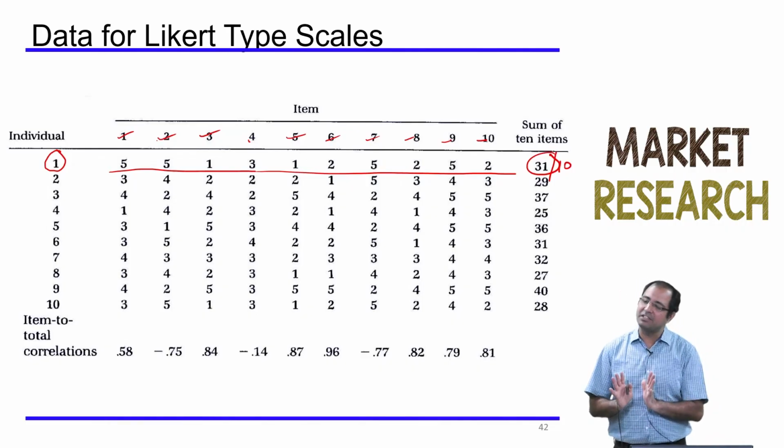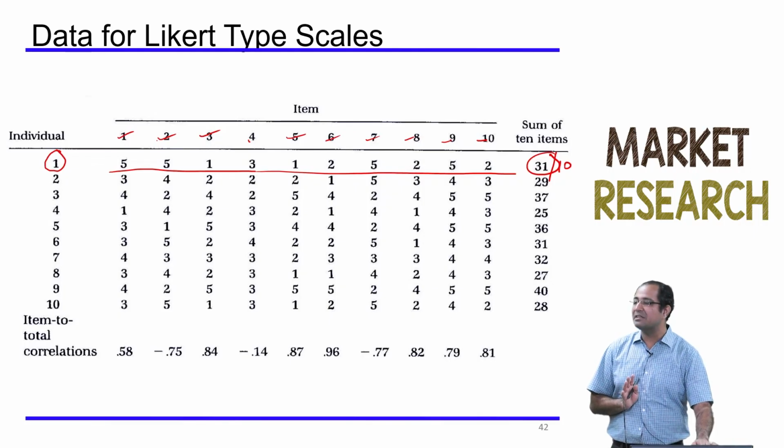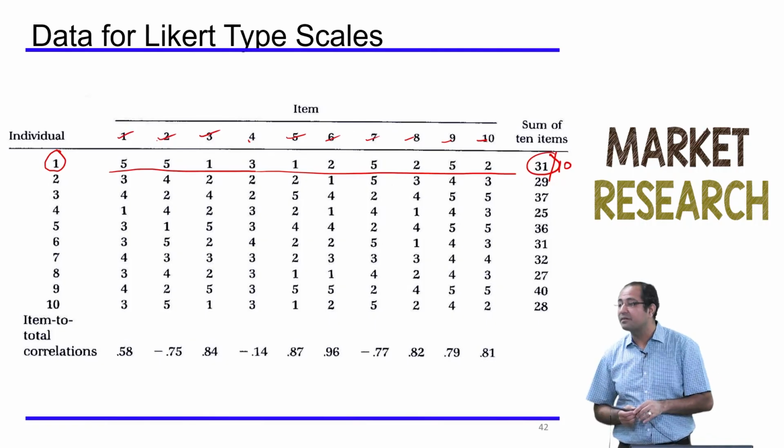You can either leave it just with the sum also, where you know the maximum score for each item is 5, 5 into 10, out of 50 it is 31. You can take it as 31 out of 50, or, out of 5, it is 3.1.